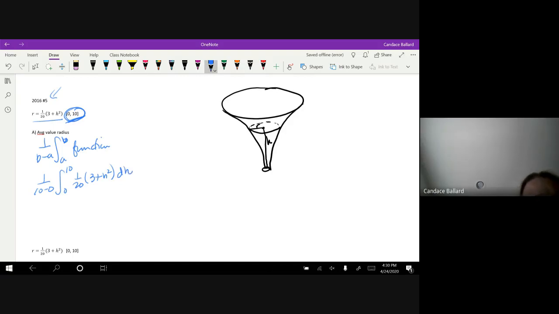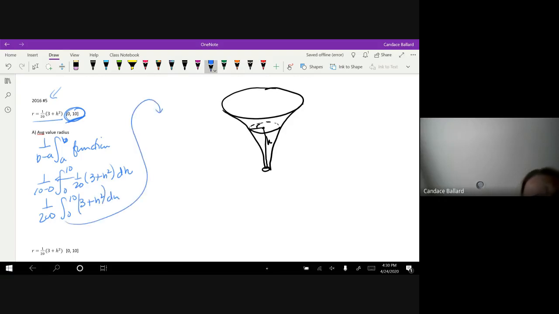All right, so I'm going to start to integrate. Actually, I'm not going to integrate quite yet. I am going to do a couple things. This is really just 1/10, and I'm going to move that outside. So 1/10 times 1/20 would be 1/200 from 0 to 10 of 3 plus h squared dh. Now it looks a little bit nicer.